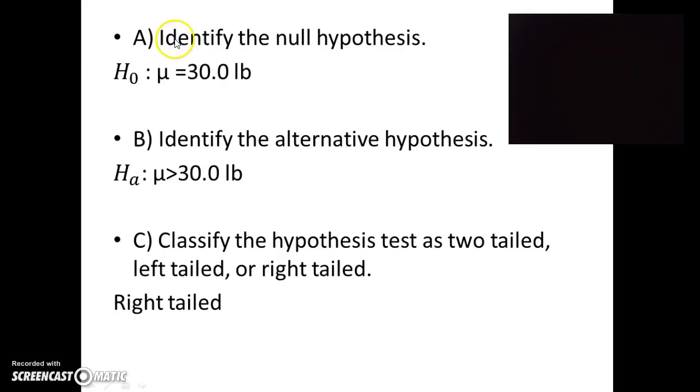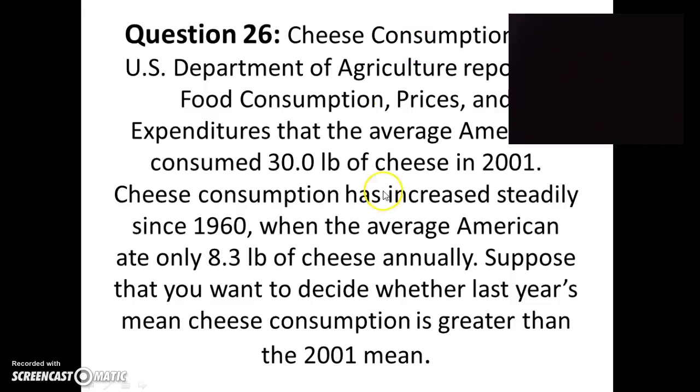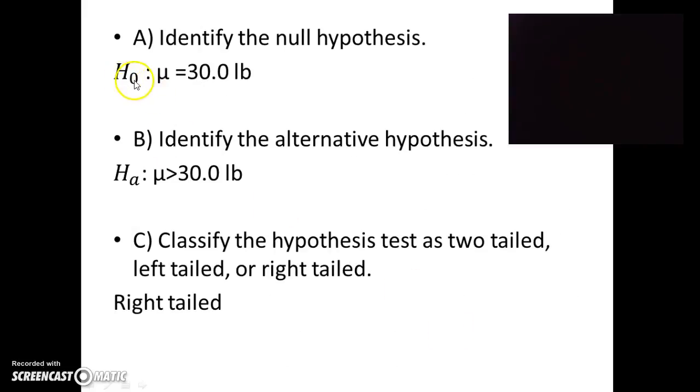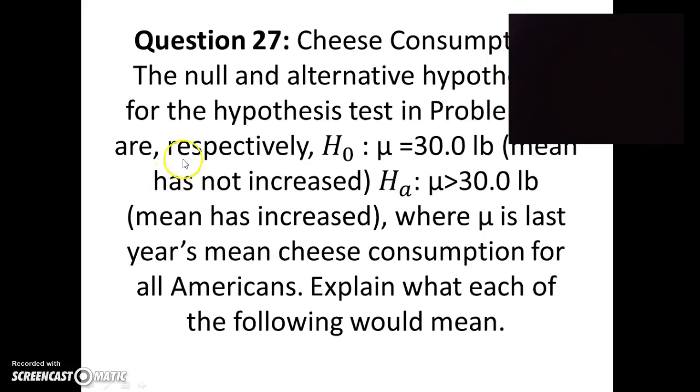For this statement, how do we identify the null? The null says that it's equal to 30, so there's no change. The alternative hypothesis should say that it's greater than 30. The type of hypothesis test is going to be right-tailed because it says it's greater.